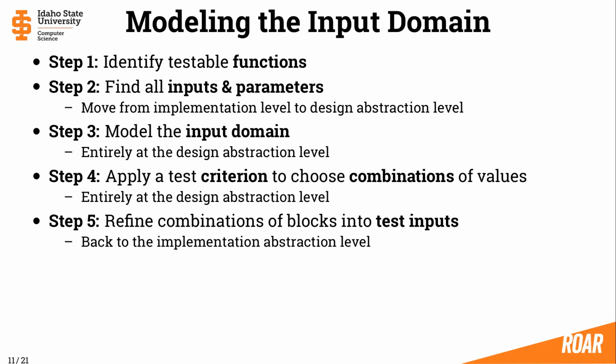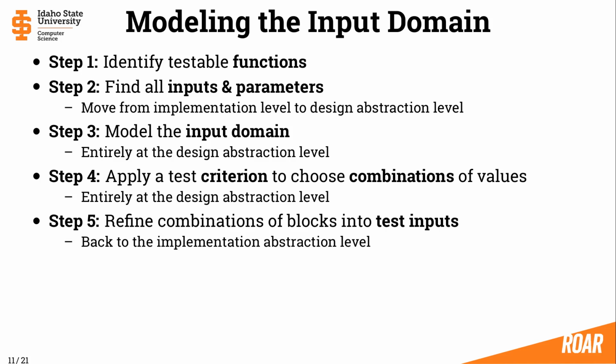If you recall the MDTD flow graph that talked about that, there's the implementation level and then the design abstraction level, and we moved from code or some artifact, and then we extracted a model, in this case the input domain model, and then from that we generate our test requirements and all this type of stuff, okay?